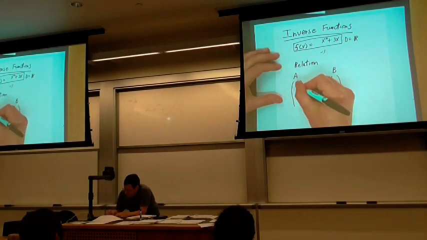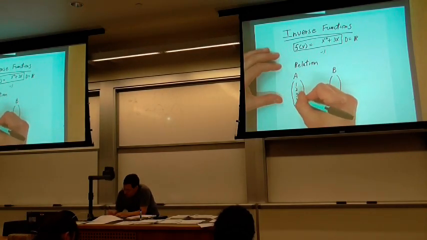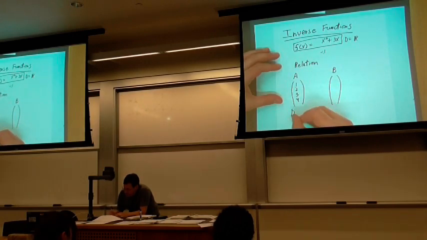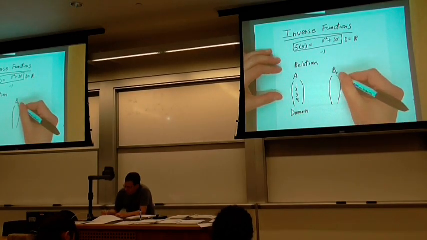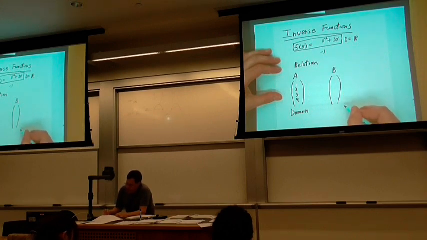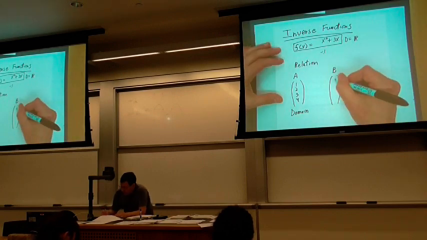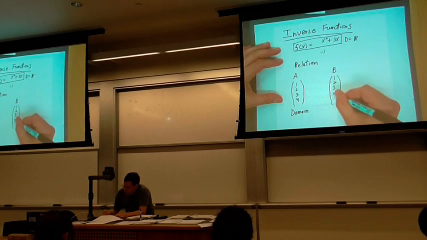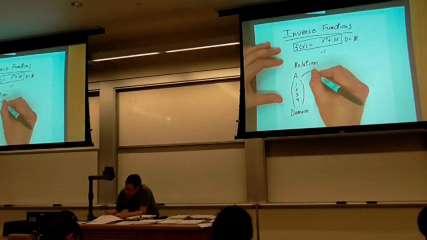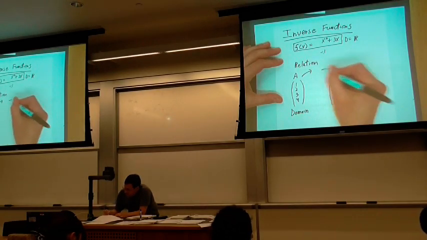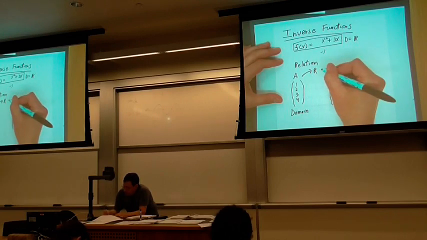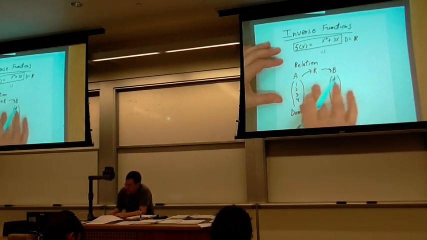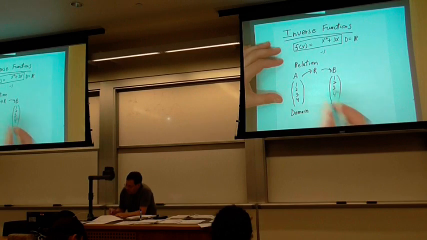So we can have some numbers in our domain, and we have another set, which in this case is also going to be some numbers. And then we have a mapping. You can think of this relation as the two sets and the mapping between them.